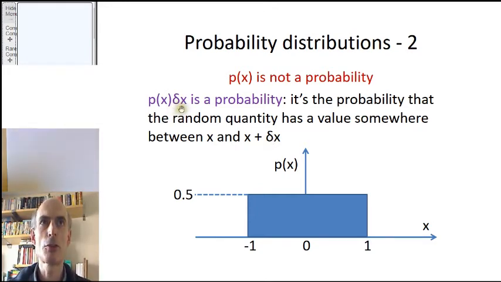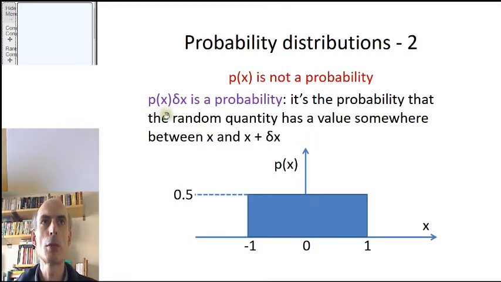So delta x would be 0. So the probability density function, which is just a constant 0.5 around here, times 0 gives you 0. And the probability that the value x is 0 is therefore just 0.